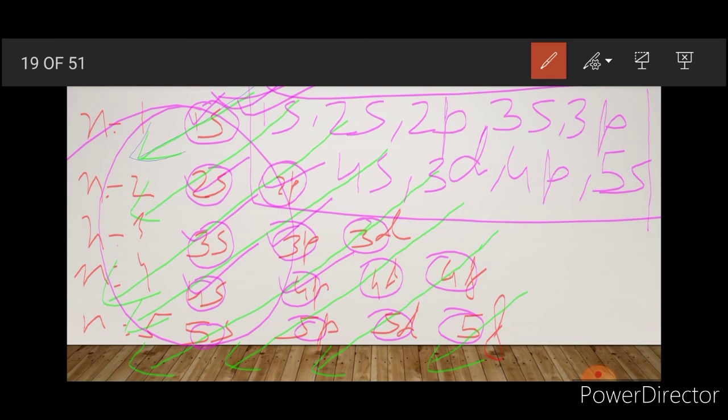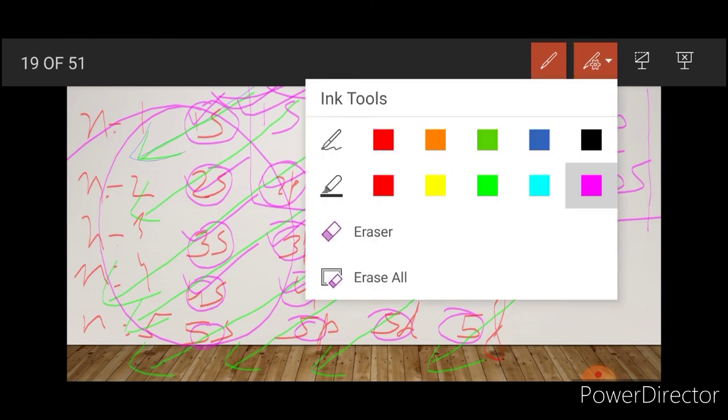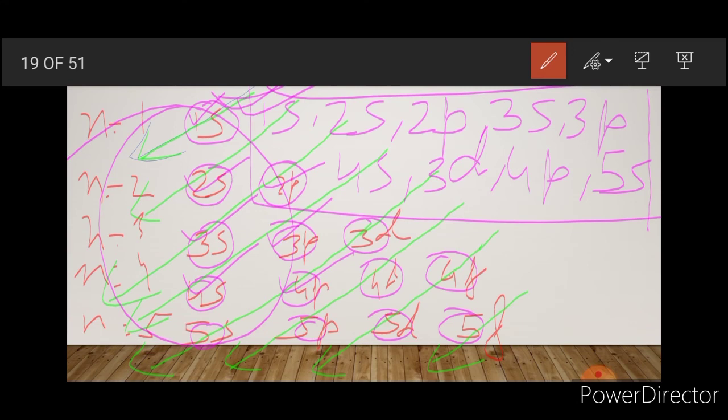And you have to know, if we talk about energy, the least energy is of 1s. What it indicates is that the least energy is of 1s, so the electron will first enter 1s. Then the next lowest energy is of 2s.